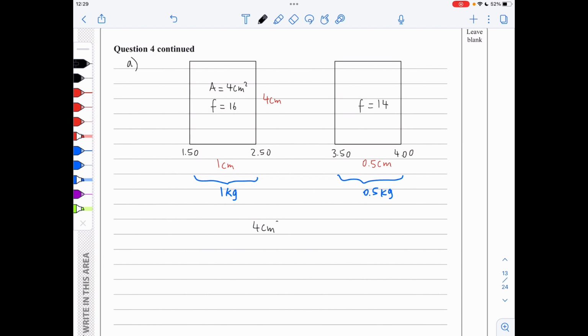4 square centimeters represents 16, then x square centimeters represent 14, and then x is simply 4 times 14 over 16, which gives an answer of 3.5.